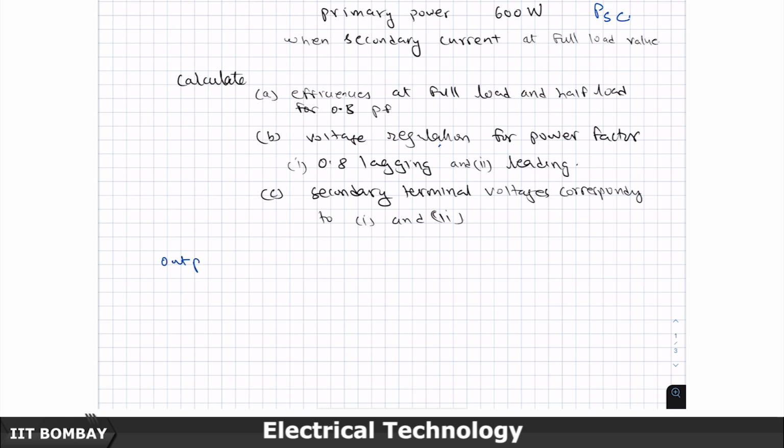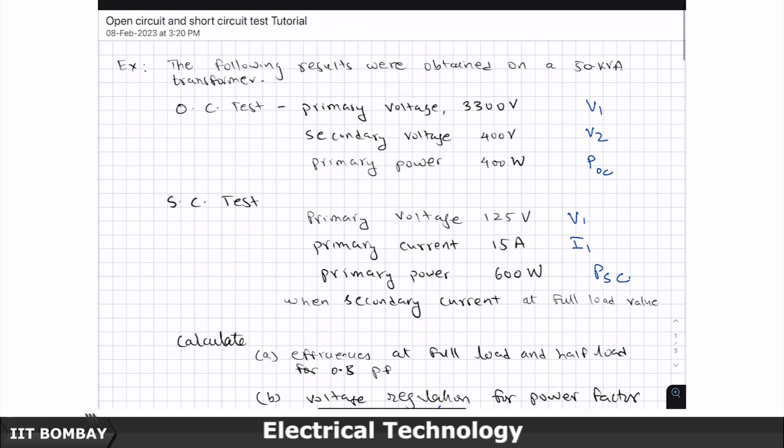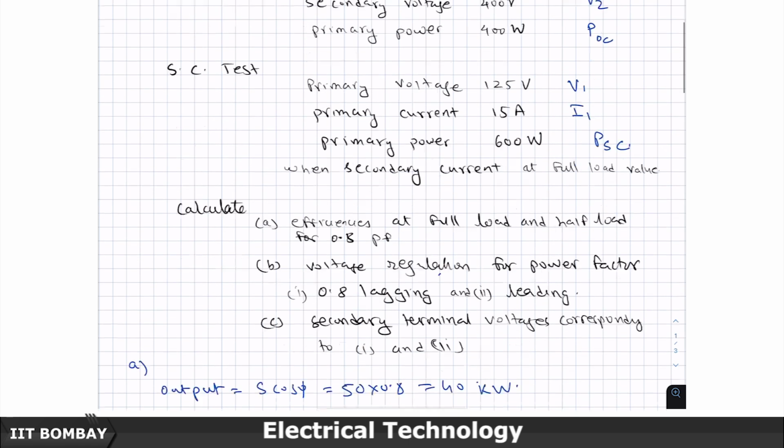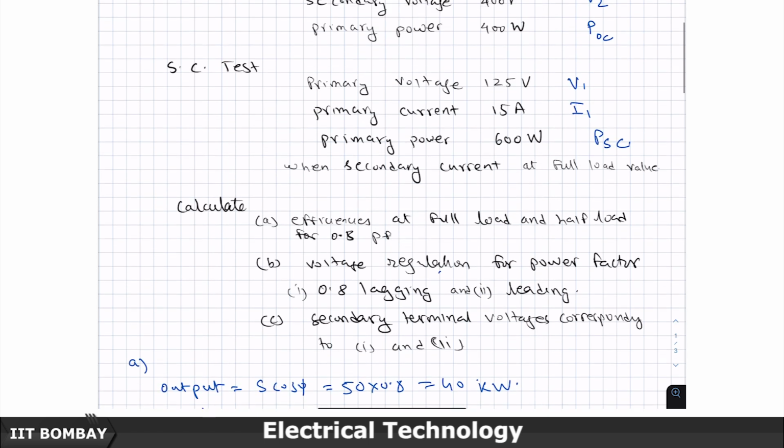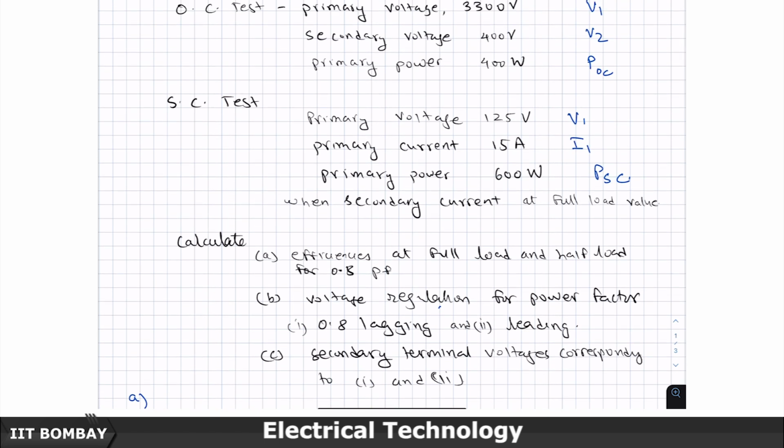So, the output is going to be S cos phi. It does not matter whether it is leading or lagging. So, 50 into 0.8 will be 40 kilowatts. 50 is the rating of the transformer in kVA, and the output after multiplying by cos phi will be in kilowatts. And what is going to be the input? The input is going to be output, which is 40 kilowatts, plus losses, which are made up of copper losses and iron losses.